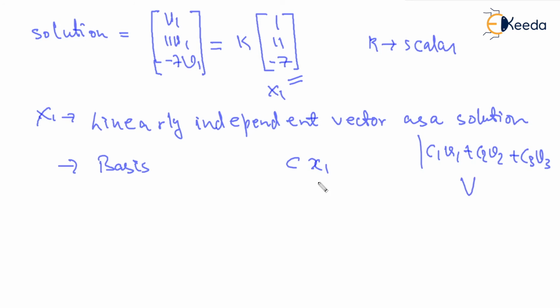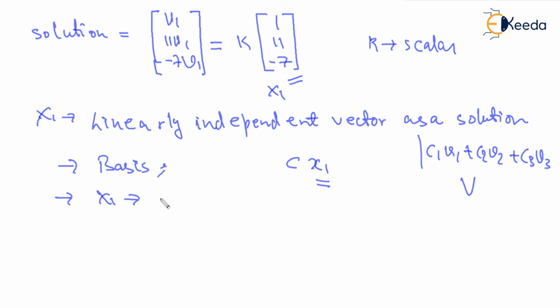For now we have only one single vector x1, and this will form the basis. That means this is the only single independent vector which is going to span the vector space, or cover all the vectors present in this. So we can say x1 is the basis.